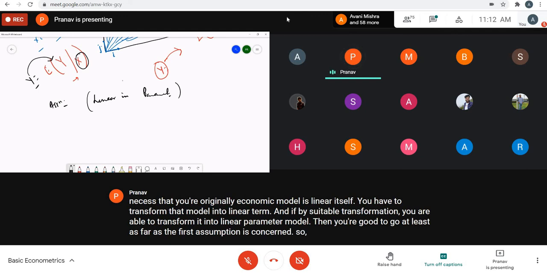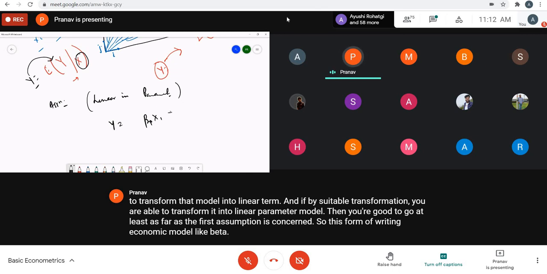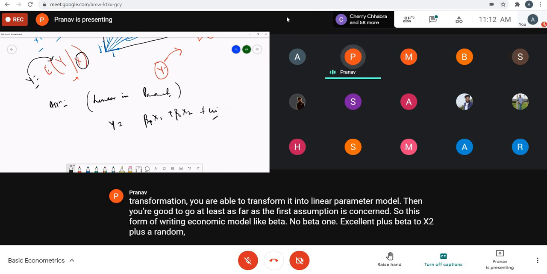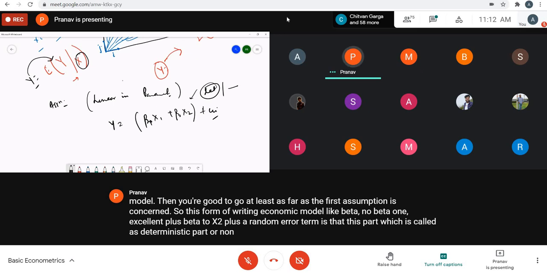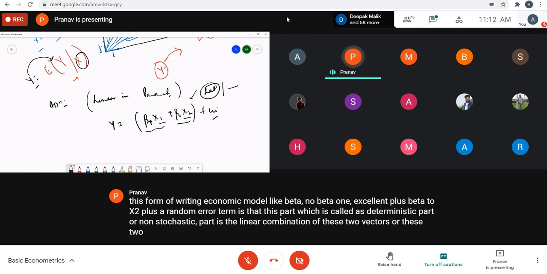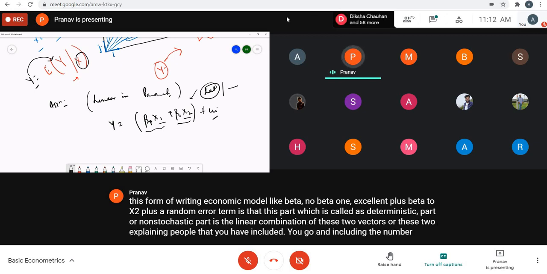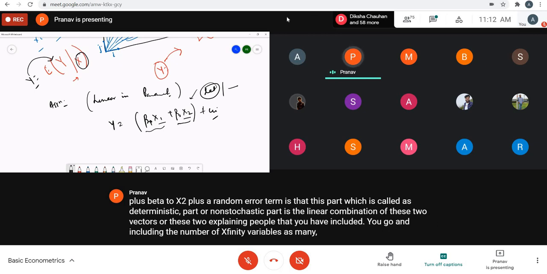So this form of writing the econometric model, like beta 1 x1 plus beta 2 x2 plus a random error term, is such that this part, which is called the deterministic part or non-stochastic part, is the linear combination of these two vectors or two explanatory variables that you have included in the model. You go on including explanatory variables, as many combinations of vectors you'll have.